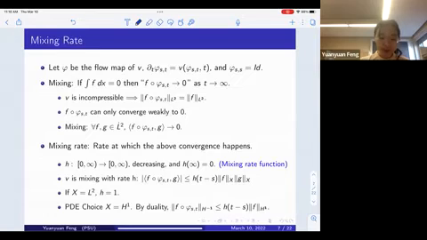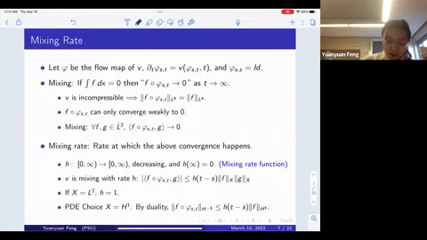So mixing is stronger than that. Mixing says that if the space average of F is 0, and the flow map phi is mixing, that means F composed with the flow map phi should go to 0 in some sense. Since V is incompressible, the L2 norm of F composed with the flow map is conserved.